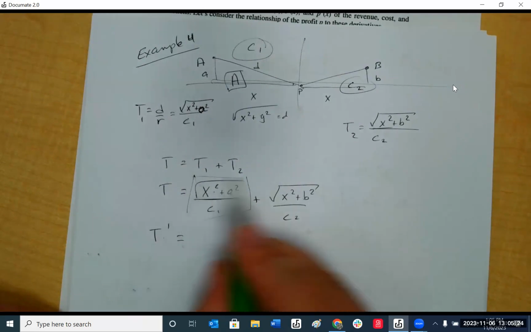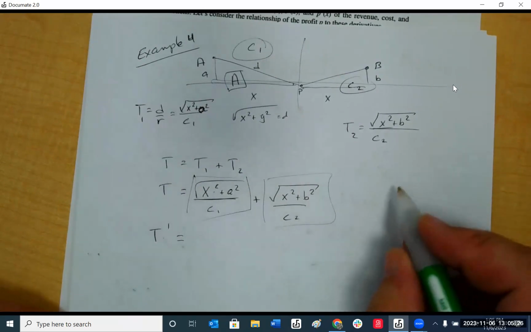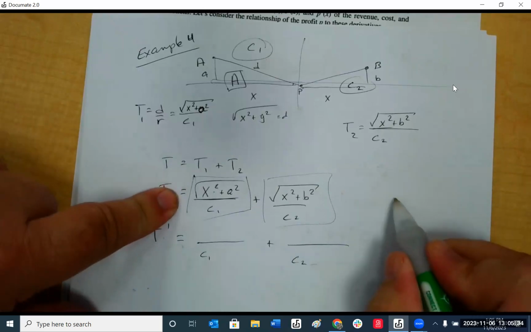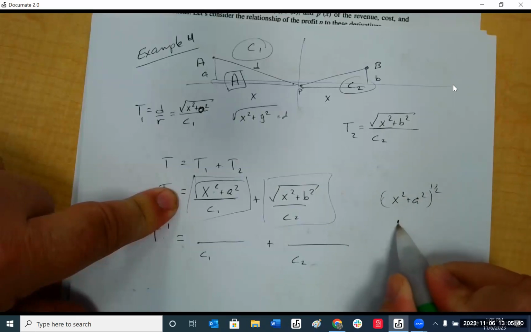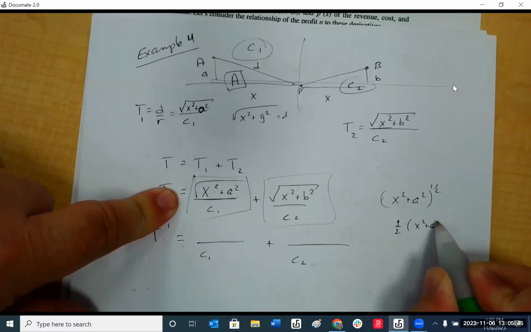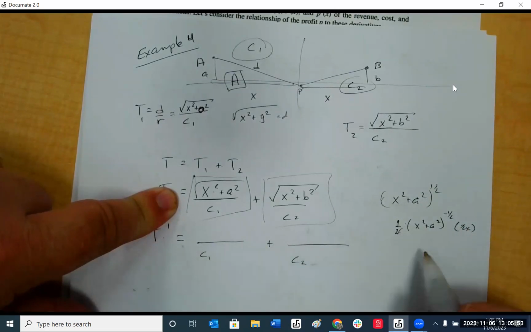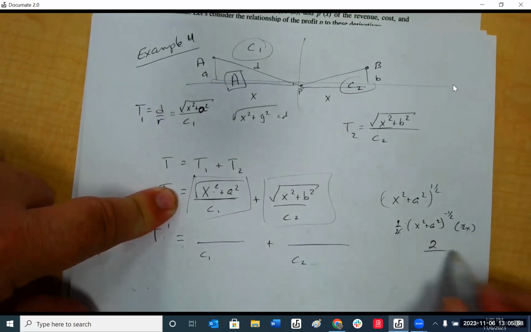So let's take the derivative of both of these separately. That's a constant. So x squared plus a squared to the power 1/2, that's 1/2 times x squared plus a squared to the negative 1/2 times 2x, which is 2x over the square root of x squared plus a squared.